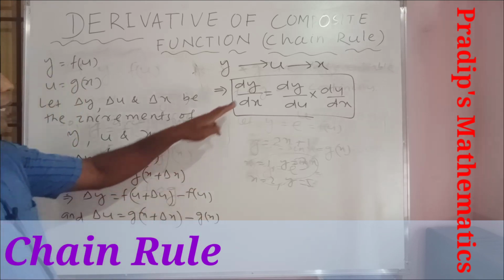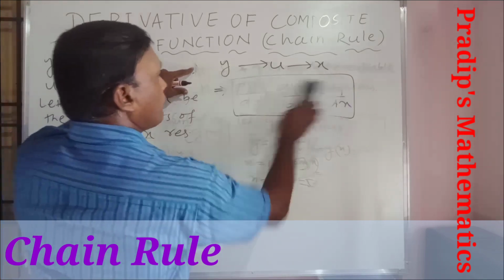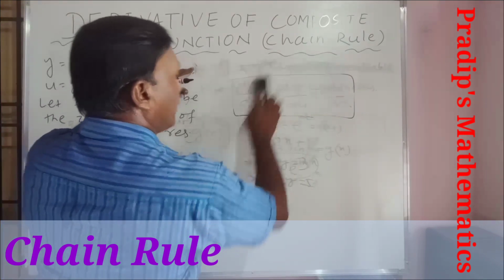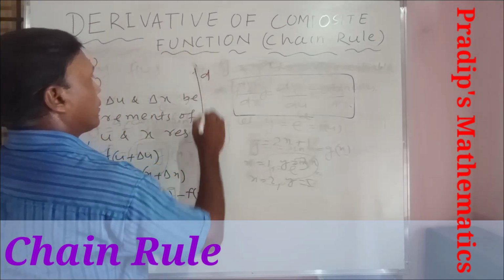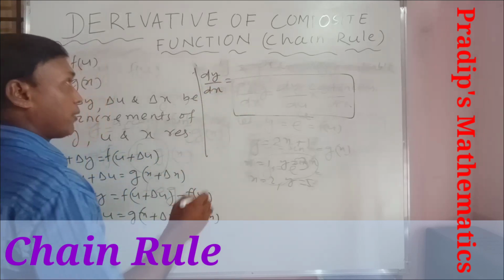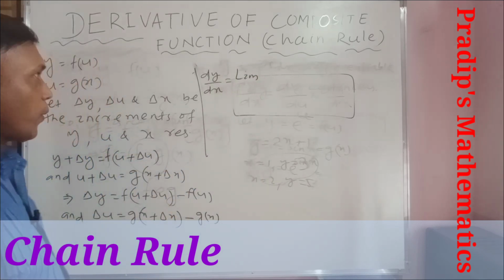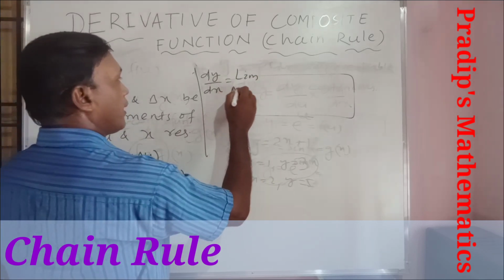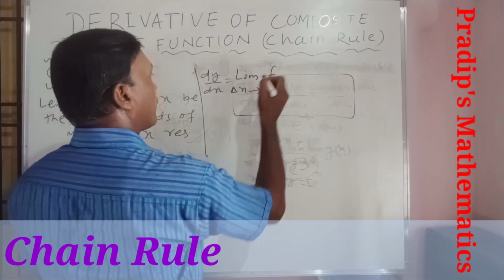Now we want to find this dy by dx. Look at here, dy by dx is the differentiation of y with respect to x. Dy by dx by first principle method, this is limiting value of del x approaches to 0 of y.